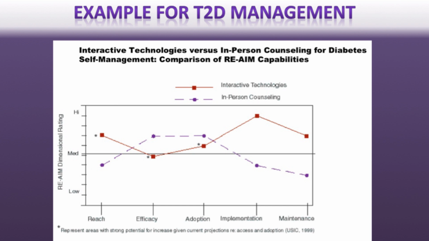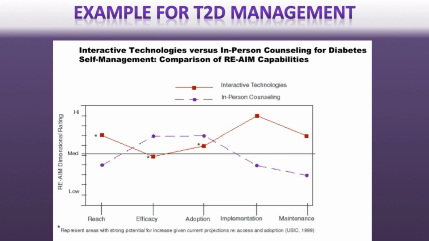So let me just show you a chart that indicates what this might look like in these types of situations. And this is an example from type 2 diabetes. So again, if you compare an interactive technology like a web-based program versus in-person counseling, red is the technology, and blue is the in-person counseling.